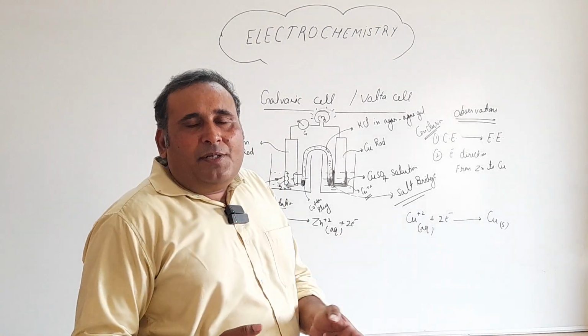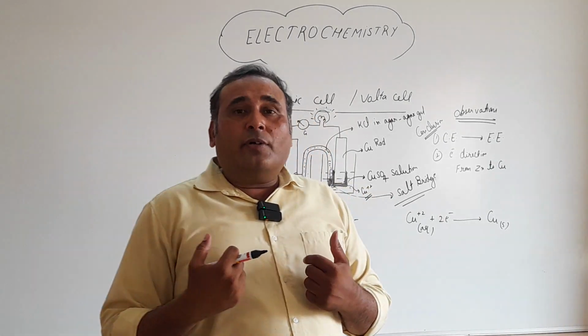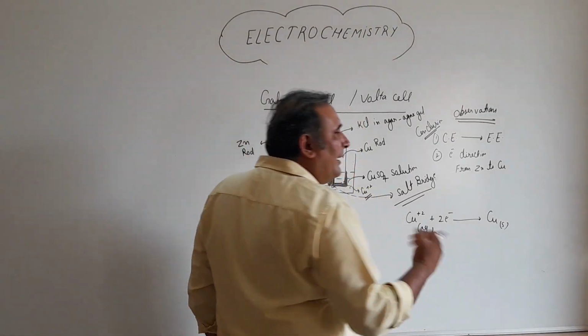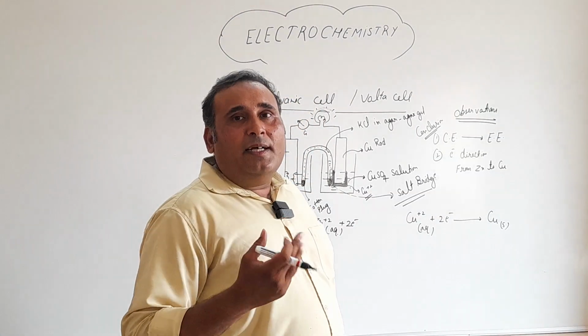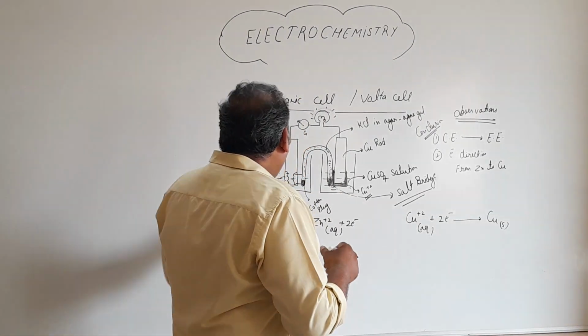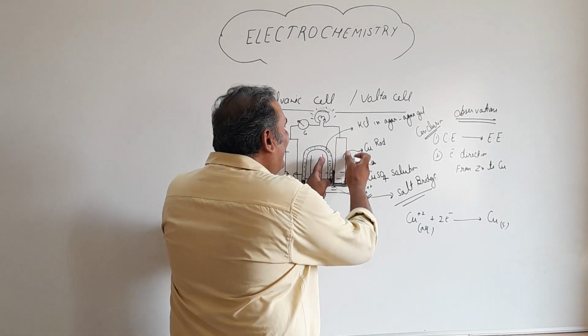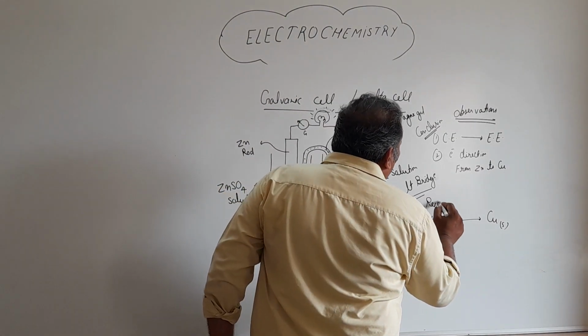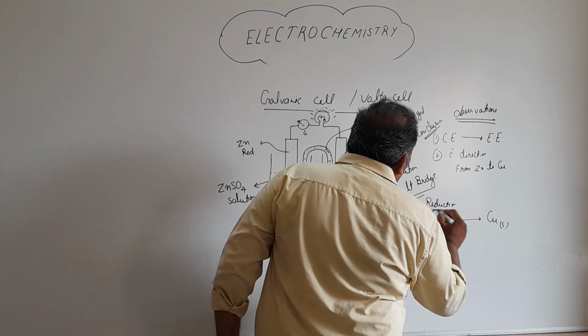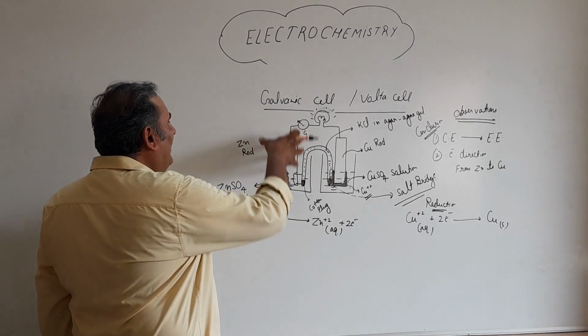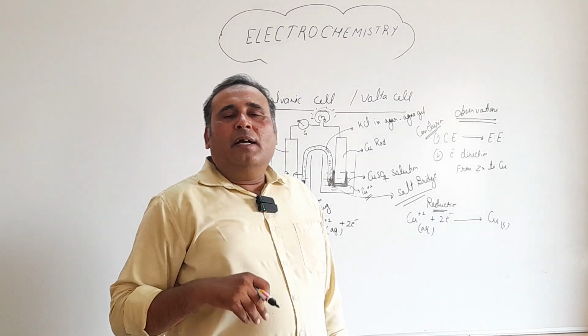If any species gains electrons, it is a reduction. So Cu2+ is gaining electrons, that's why it is an example of reduction. So at one electrode oxidation occurs, at the other reduction occurs: reduction occurs at the copper electrode, and oxidation occurs at the zinc electrode.